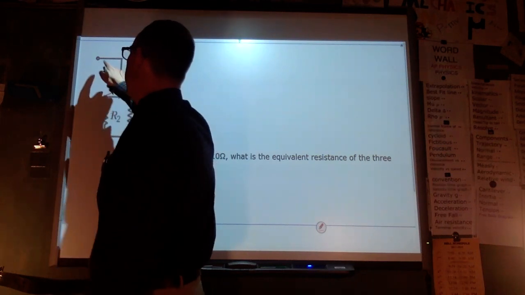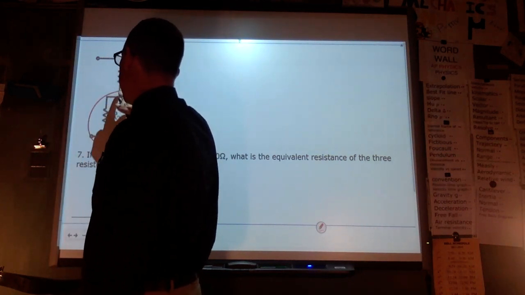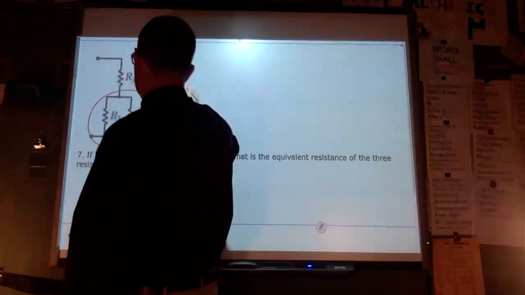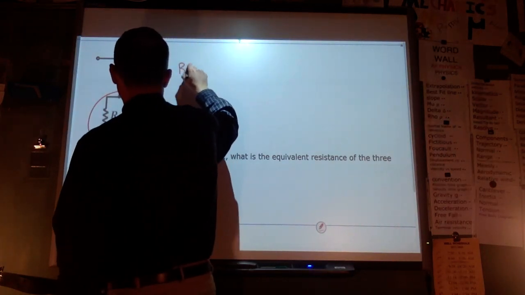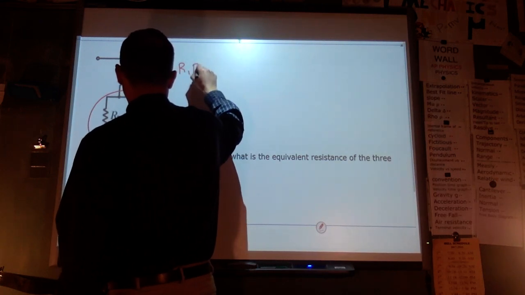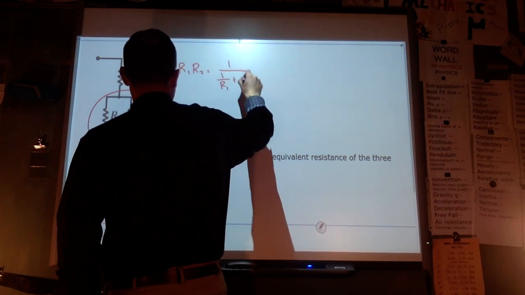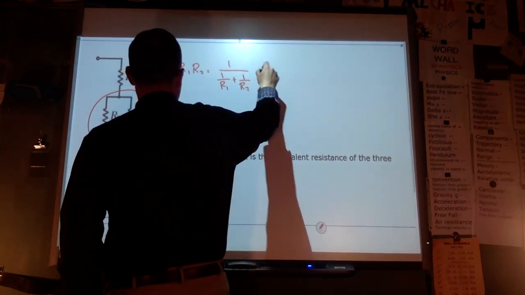So I know that the current is either going down here and splitting or coming here and splitting. So I want to replace those two. And I'm going to replace them with one that is called R1,2. And that's going to be equal to 1 over R1 plus 1 over R2.